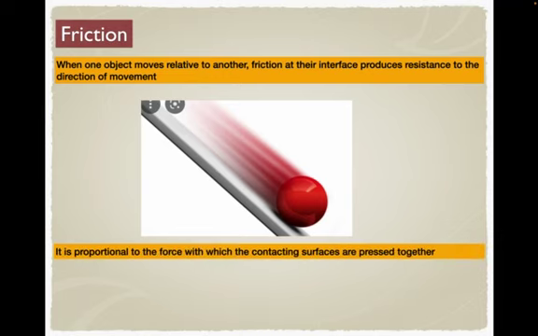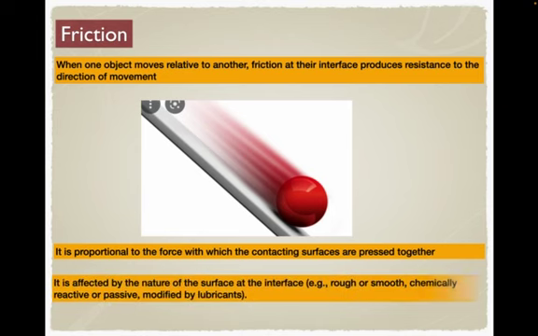Now the friction is proportional to the force with which the two objects are pressed against each other. And we're going to talk about this later to explain it more. And also friction is affected by the surface interface, the nature of the surface, which means if it's rough or smooth. For example, if you slide the same ball on a carpet, it will slide slower than if you slide it on a ceramic floor, for example.